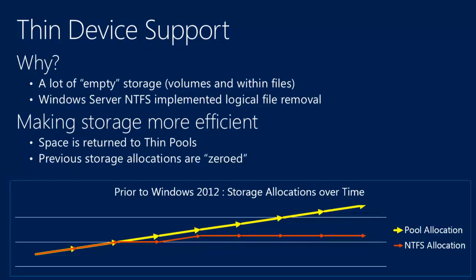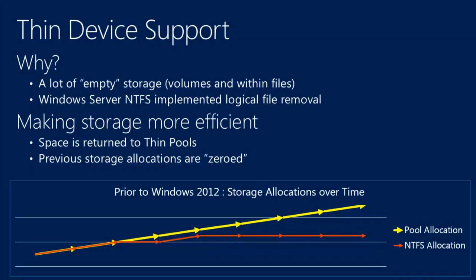But as we add and remove files, NTFS would go on this adventure of allocating new, previously unallocated space. So if you looked at NTFS and you said, how much is my utilization? It would plateau and it would stay fairly consistent.